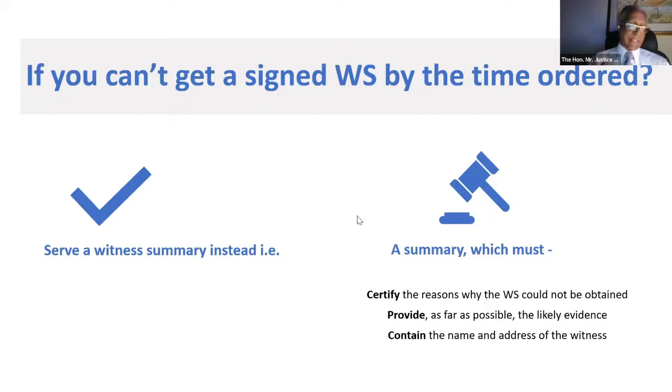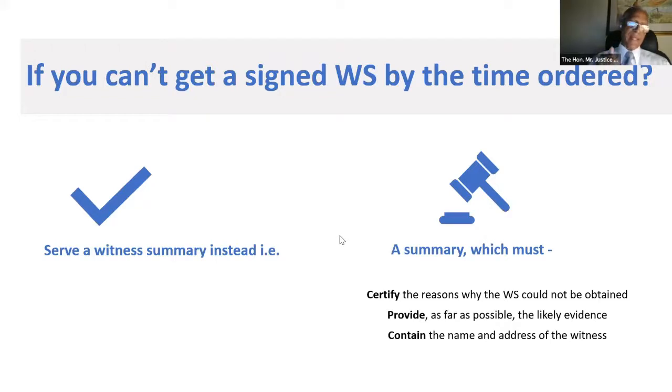You could ask for an extension of time to serve the witness statement, and the court would usually grant that extension provided the trial date is not compromised. Under the rules, adjourning a trial is a mortal sin. The rules absolutely frown upon any application to adjourn a trial.